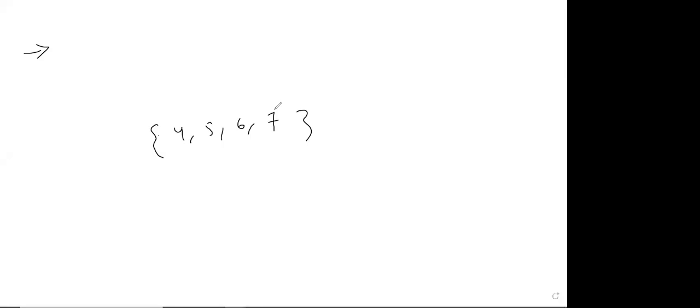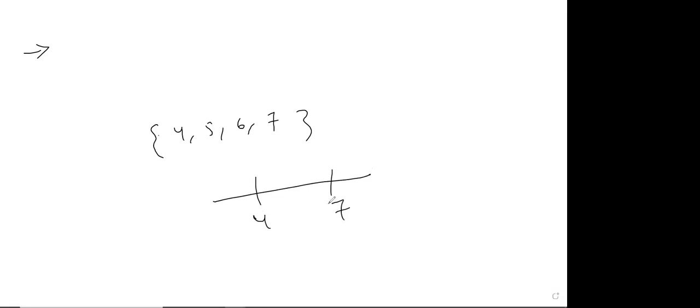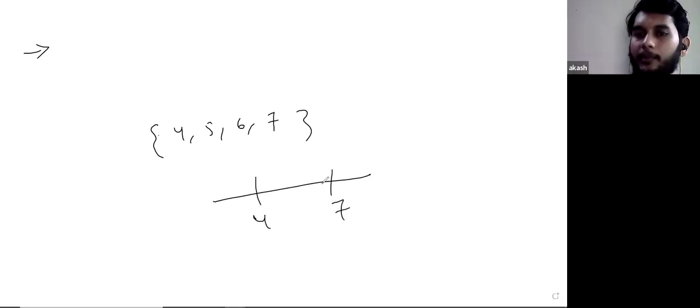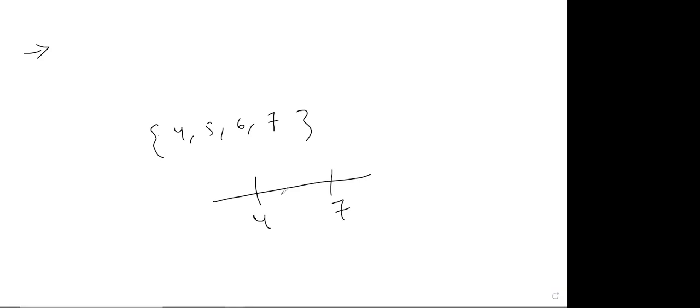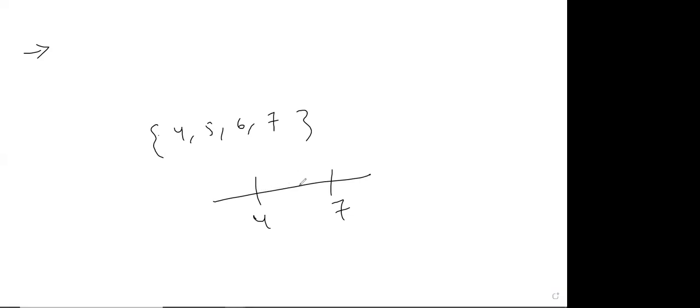Yes. Now suppose I have to say all the numbers from 4 to 7. How many numbers are there from 4 to 7? Infinite. Absolutely right, infinite. So how to write all the elements?